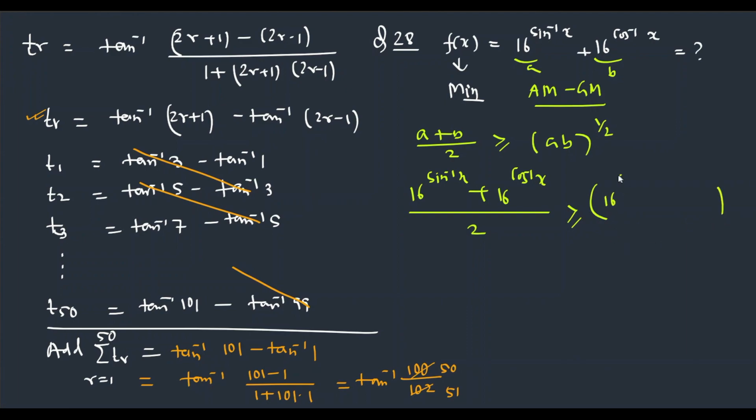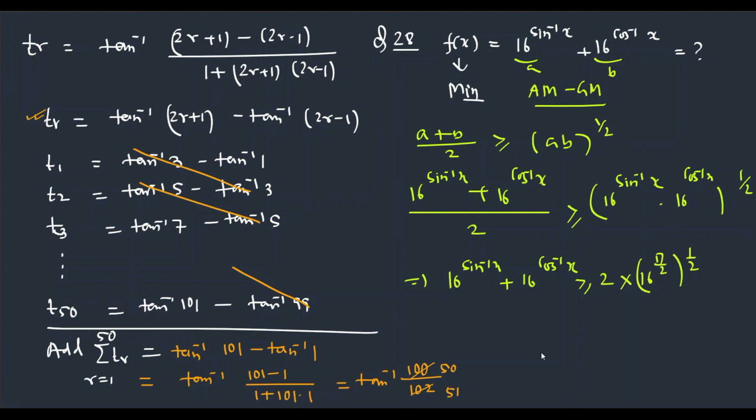So it is 16 to the power sine inverse x and then 16 to the power cos inverse x, and then whole power half. Take 2 on the right hand side. So 2 times 16 to the power (sine inverse x plus cos inverse x), which is 16 to the power pi by 2, and then whole power 1 by 2.